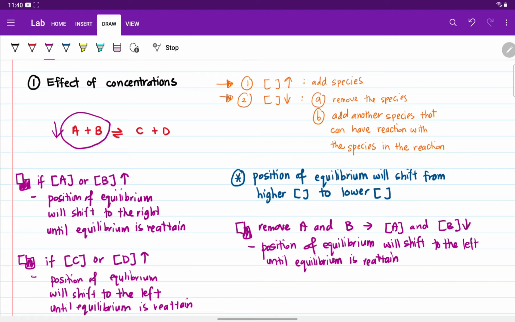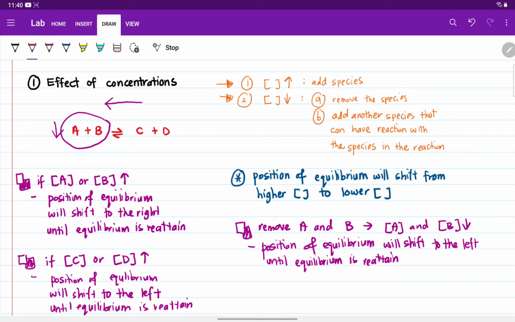Kenapa dia pergi ke left pula tadi? Masih lagi menggunakan prinsipal yang sama. Position of equilibrium akan bergerak daripada yang tinggi kepada yang rendah. So sekarang ni dekat sini rendah. So bila A dan B rendah, automatically C dan D adalah tinggi. So bila C dan D adalah tinggi, equilibrium position will shift to the left to produce more A and B. Until when? Until equilibrium is re-attained.